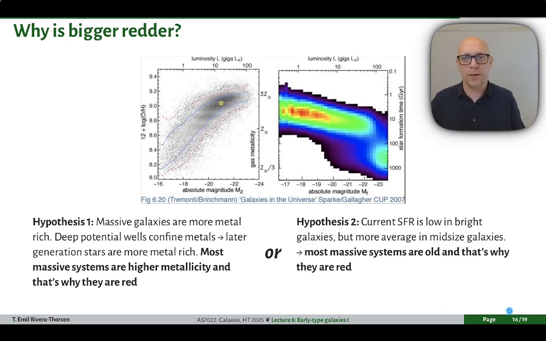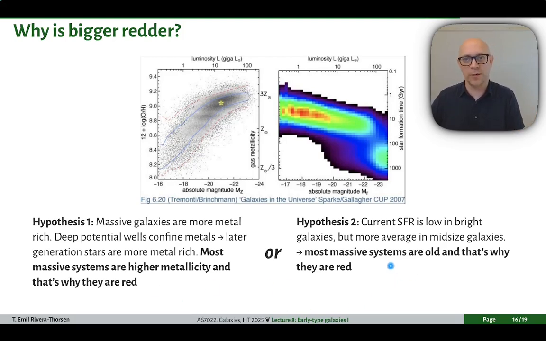The other main hypothesis says that the current star formation rate is low in bright galaxies, but is closer to the average in mid-sized galaxies, as we can see over here. And that means that the most massive systems are simply older, and that's why they're redder. So one says that they are redder because they are higher metallicity.